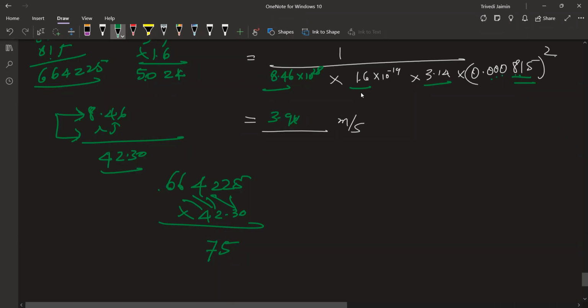Okay, let me use the calculator only. 2809671, 2 decimals. Okay. So this is 1 divided by 2809671.75.